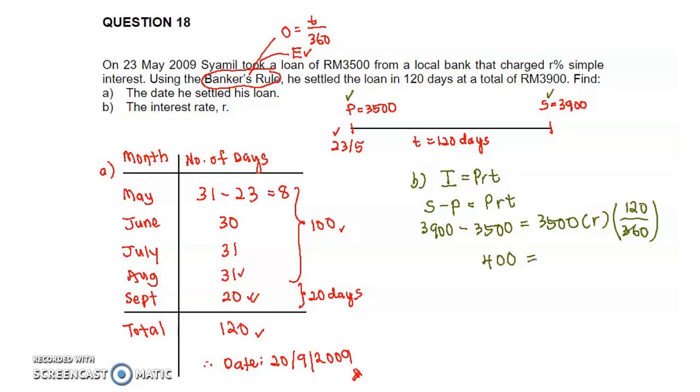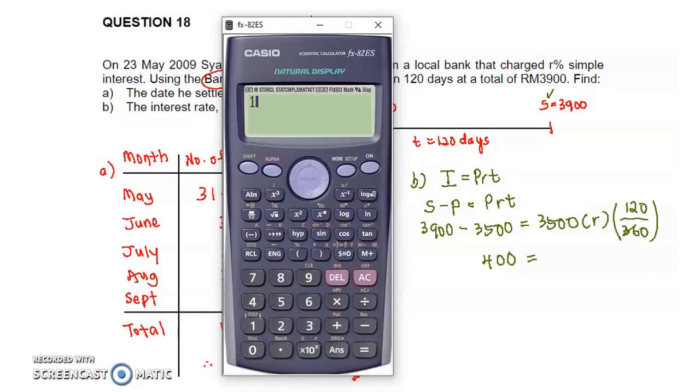Calculate the right hand side: 120 divided by 360 multiplied by 3,500. If you want to write this right hand side with decimal points, round off to 4 decimal points only. So it will be 1166.6667.